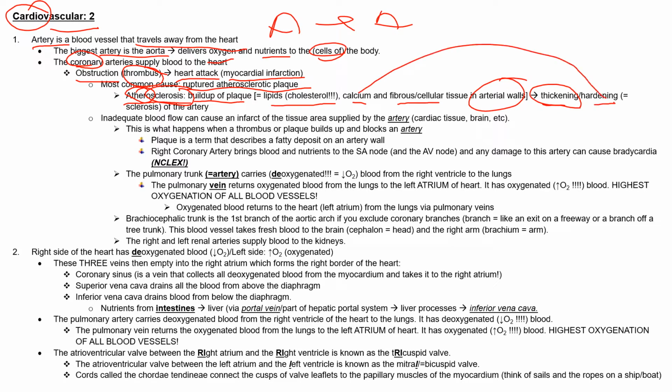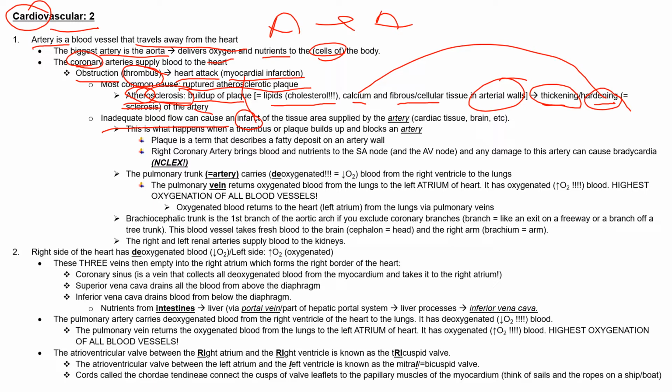Calcium, think of a chalk-like substance. Calcium causes the hardening of the blood vessels, and hardening in Greek, the word for that is sclerosis. So arteries harden and become sclerotic. So inadequate blood flow to the muscles of the heart, we get an infarction, the myocardial infarction.